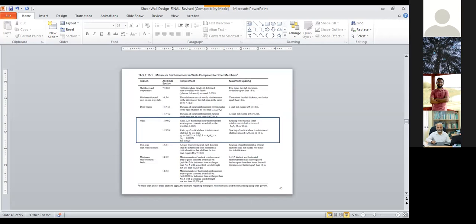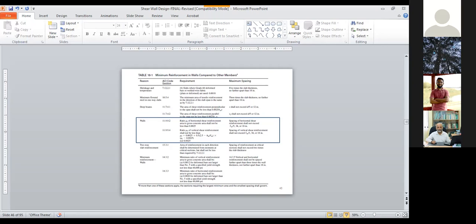Your transverse reinforcement and your longitudinal reinforcement both should be minimum 0.25%. And spacing of the horizontal shear reinforcement shall not exceed length of the wall by 5, or 3 times the thickness of the wall, or 18 inches.